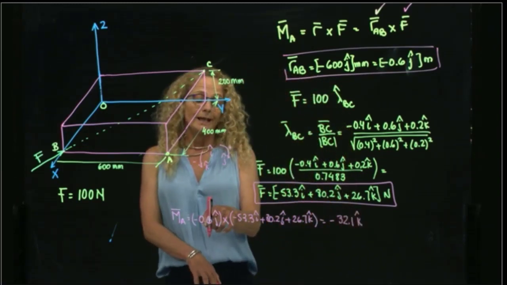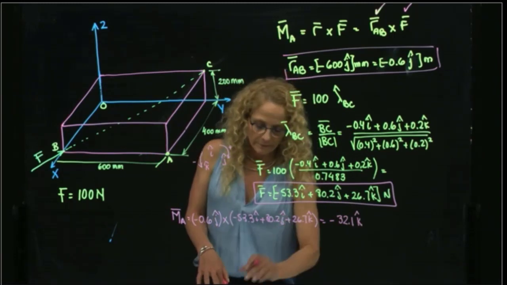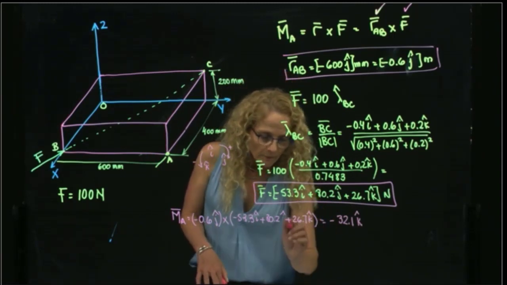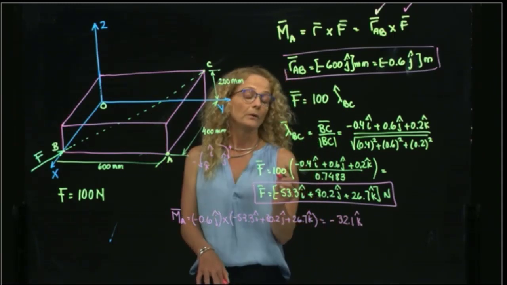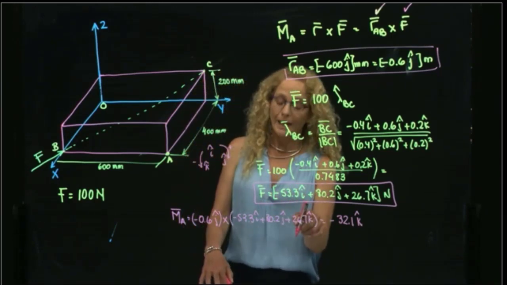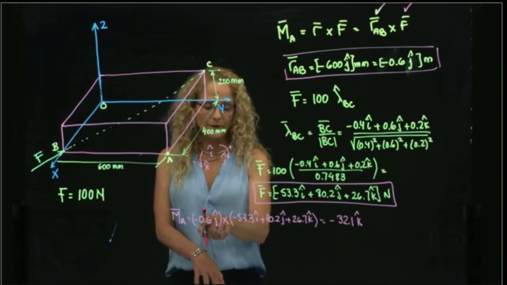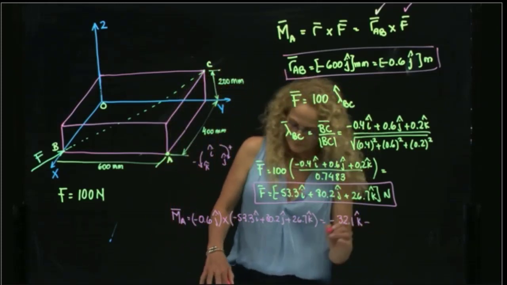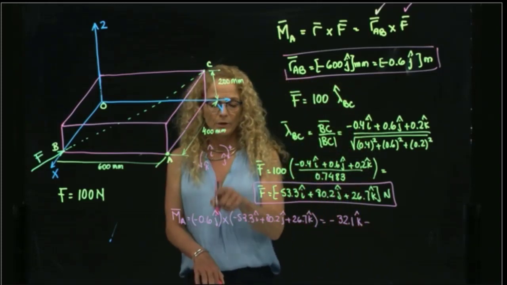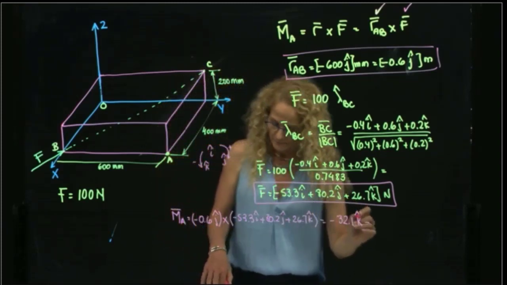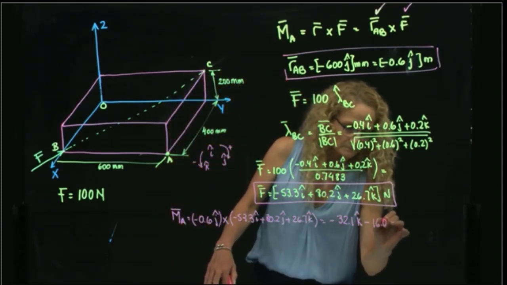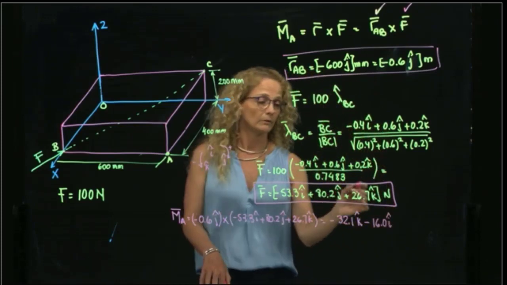Then j cross j is 0, and then j cross k is positive i, but since this value is negative, it gives me a negative value. And this is the result.